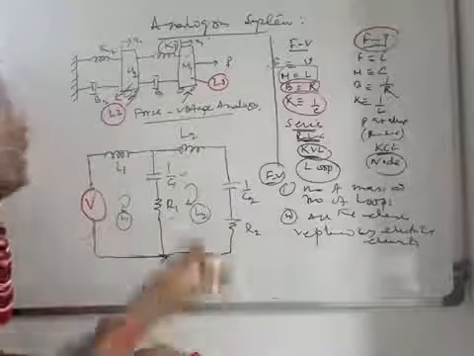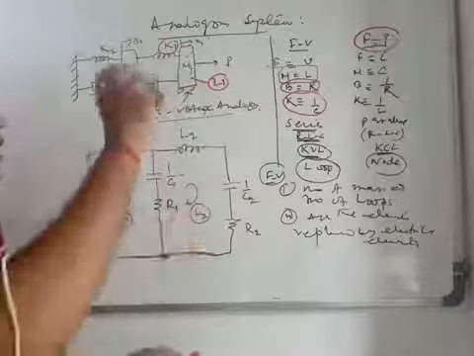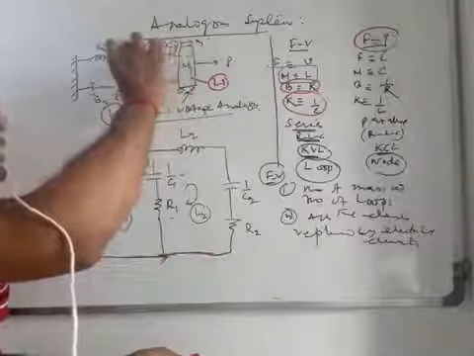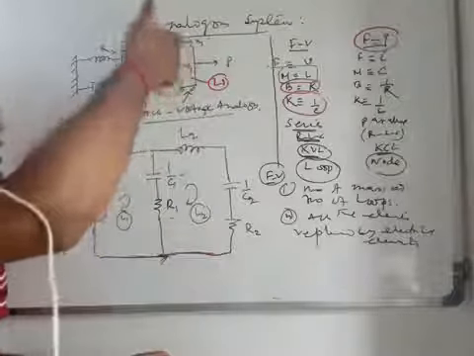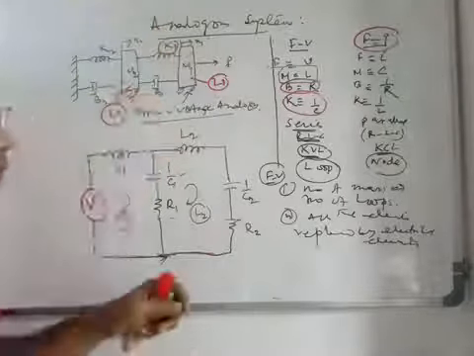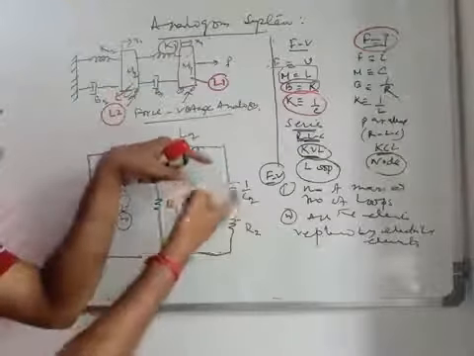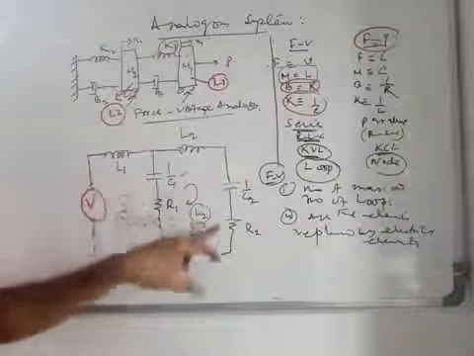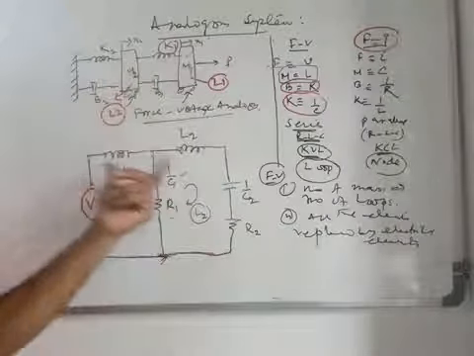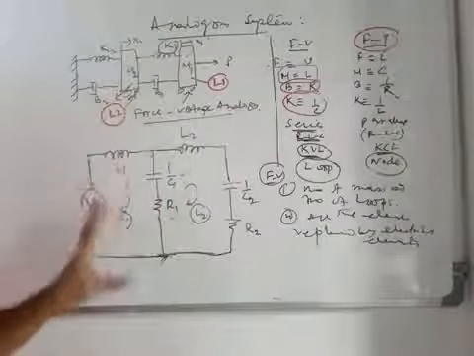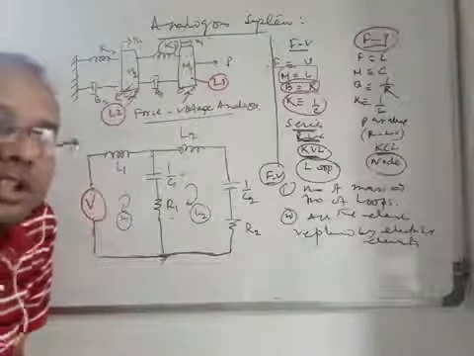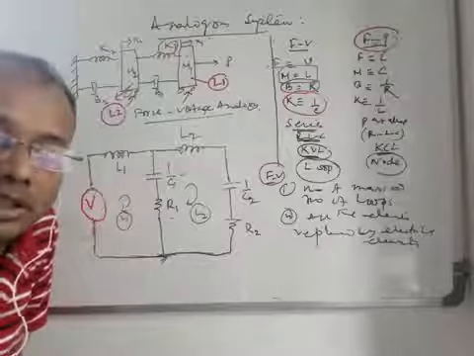But in this force voltage analogy, even though they look parallel, these two elements will be replaced by corresponding electrical elements in series. Here these are series and these are series, and these two masses are in different loops, L1 and L2. So this is all about the construction of the electrical network for the corresponding mechanical network.